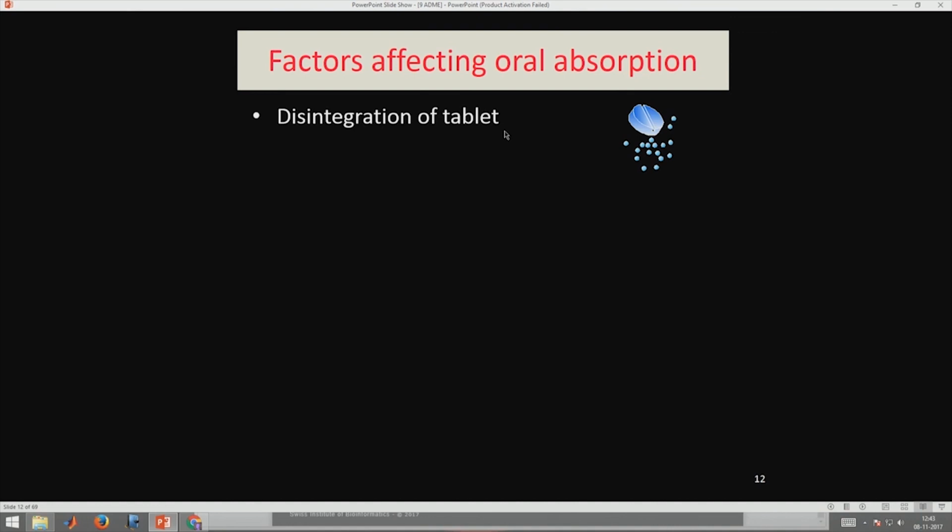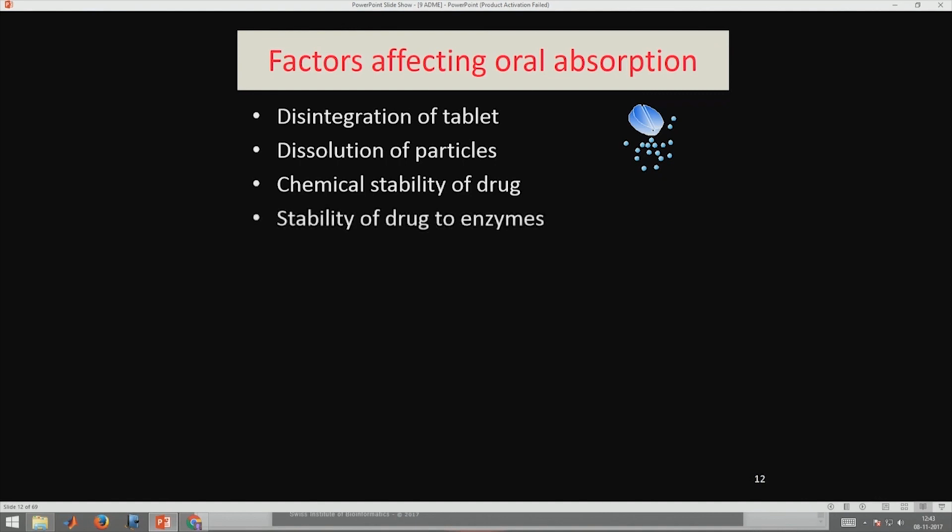The drug has to disintegrate, that means if it is in tablet form, it should break down, and it should completely dissolve, that is dissolution. The drug has to be stable at that pH in the GI system, and stable to the enzymes, there are so many enzymes which I mentioned.